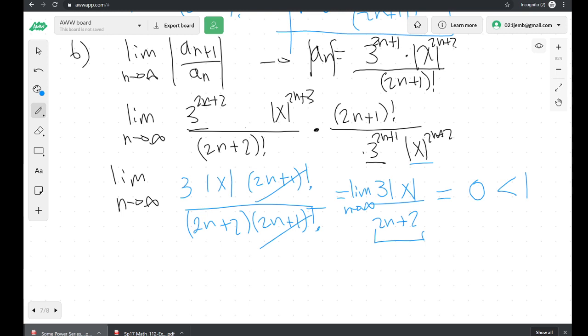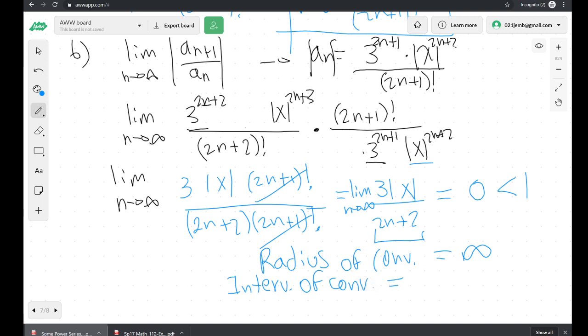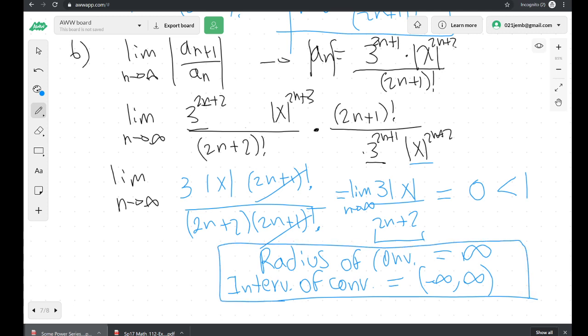That means that the radius of convergence is infinity. Okay, it is infinity. And therefore, the interval of convergence is going to be equal to negative infinity to positive infinity. Okay, so this is going to be the answer to the prompt. So that's the interval of convergence and the radius of convergence.